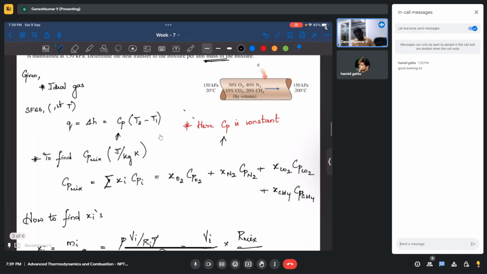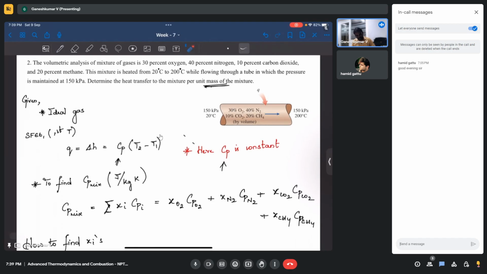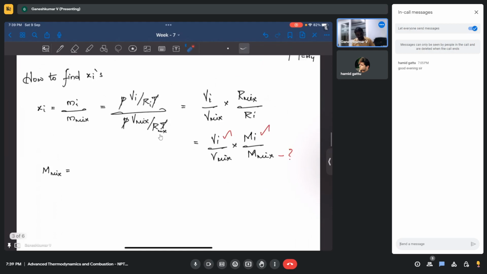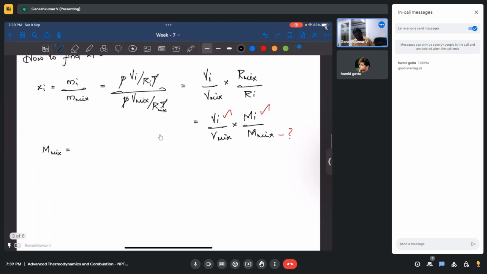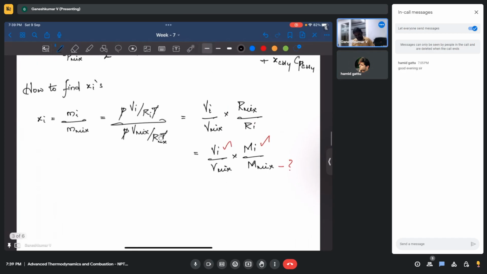So whatever they gave here was mole fraction. Since you know mole fraction, you can find the molecular weight of the mixture. Is that clear? No, sir, I didn't get it. Okay, let's write it down.